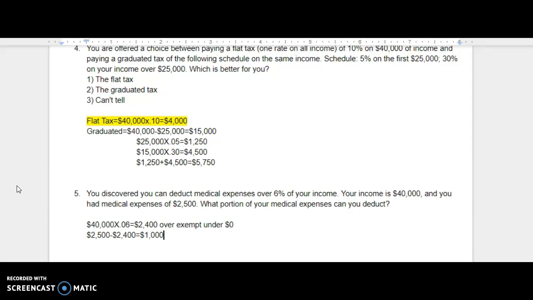When we subtract, we have a remaining $100 that we can exempt or deduct as medical expenses in our taxes. Anything under $2,400, it would have been 0. We couldn't have deducted anything. But any dollar amount over $2,400, we can exempt or deduct. So $1 over would have been a $1 exemption, and so on and so forth.